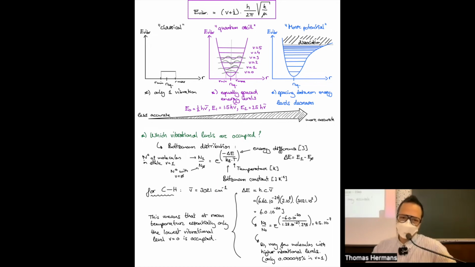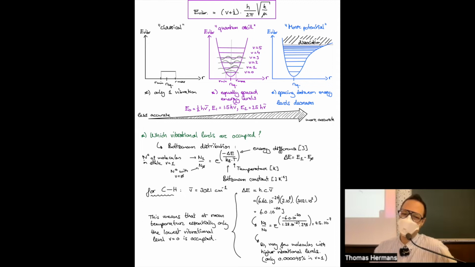So from quantum mechanics, we saw the energy of this quantum oscillator. And so what I draw here, it's the same. So all these graphs are the same, right? It's vibrational energy versus internuclear distance, right? It's all the same. So this quantum oscillator is a slightly better model to describe vibrations, because why?